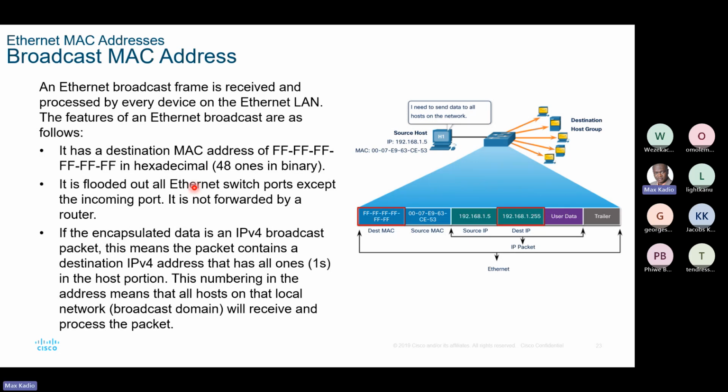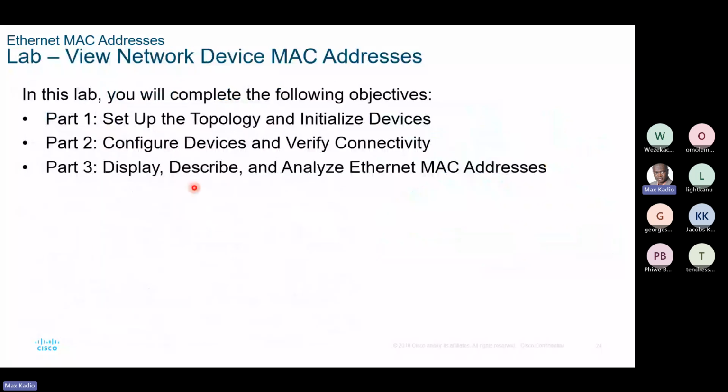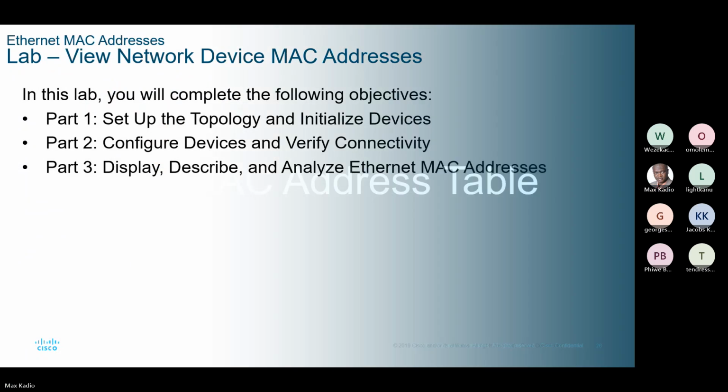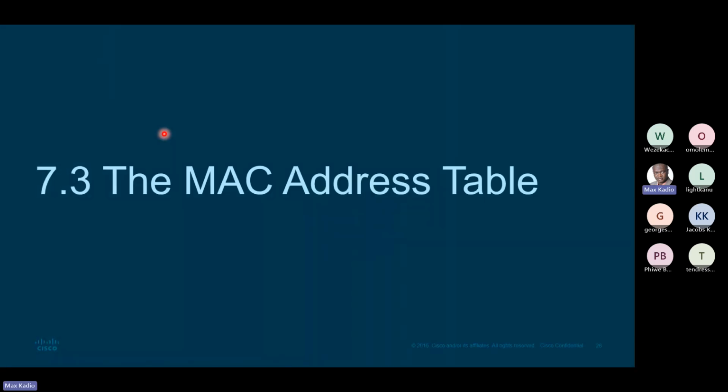Okay, continue. Yeah, so we'll get some labs. We're going to repeat the same thing we did. The switch will record: if a PC is connected to the switch, it will record the MAC address in a table.